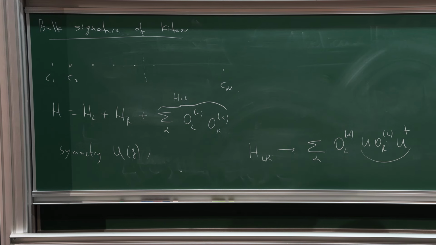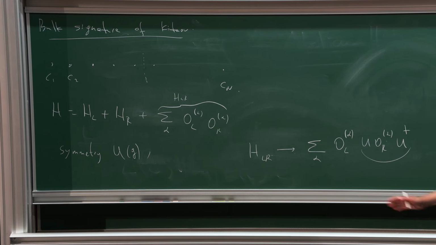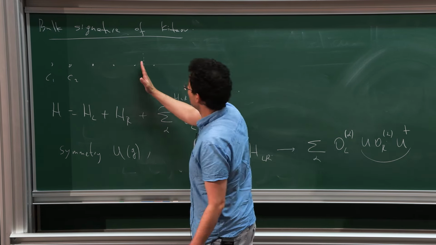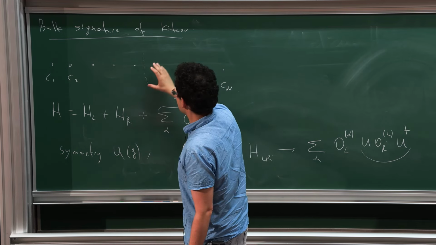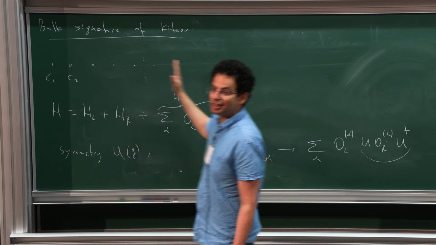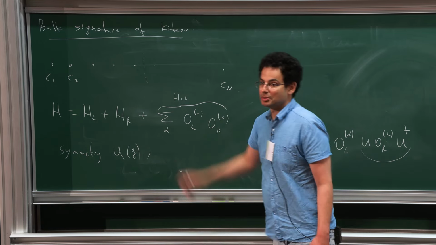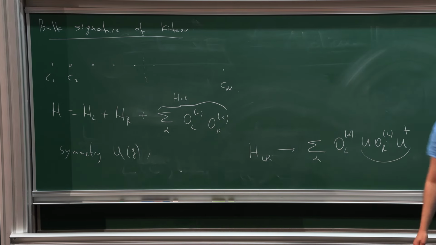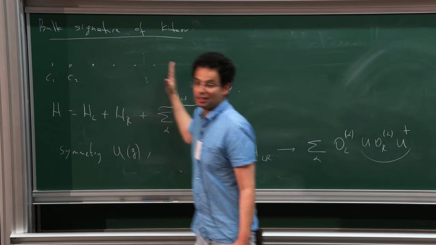Moreover, you can move the location of this cut using the fact that the Hamiltonian that we started with is symmetric. So it's kind of like a gauge. You can perform a gauge transformation that moves the cut around. Right?